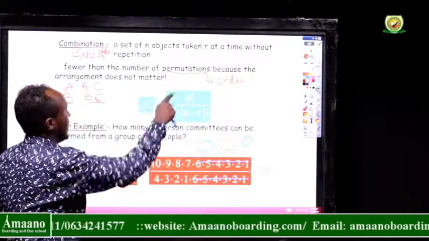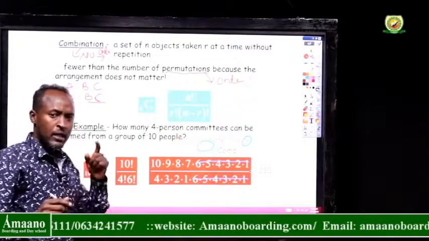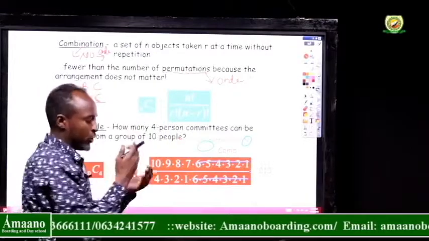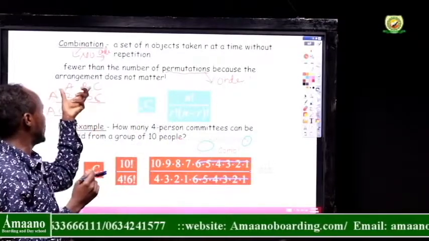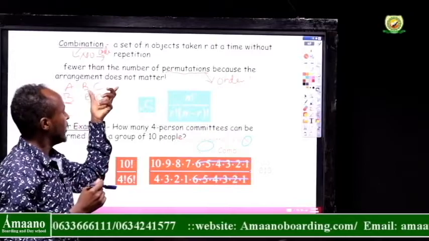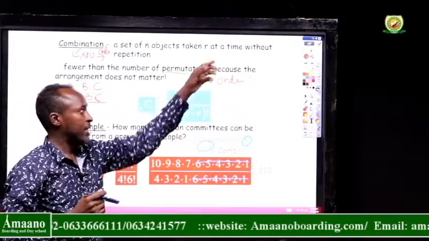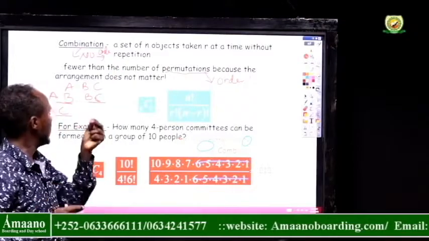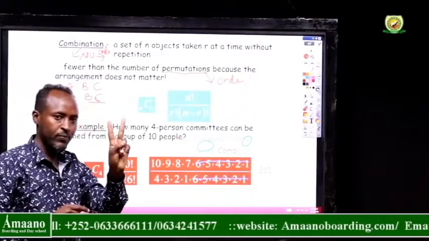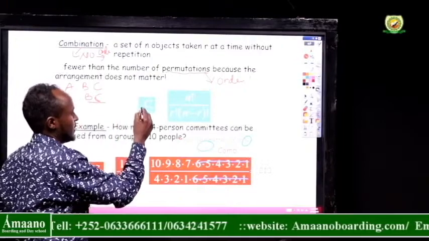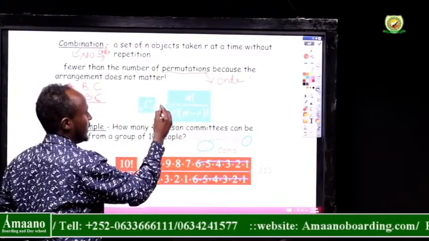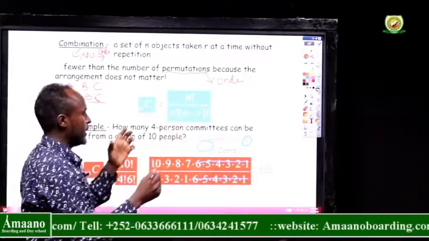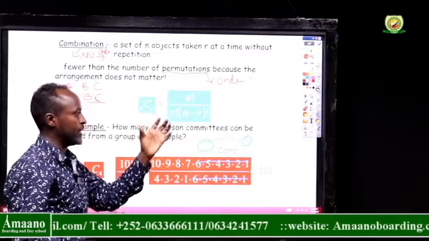Okay, let us continue. As you can remember, the formula: if we have n different objects, it means we have 3 students, and our objects are taken r at a time without repetition. It means that we take 2 students each time. The number of combinations, n combination r, can be found by n factorial divided by r factorial times n minus r factorial.